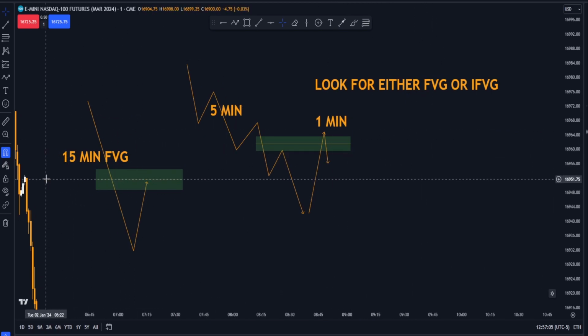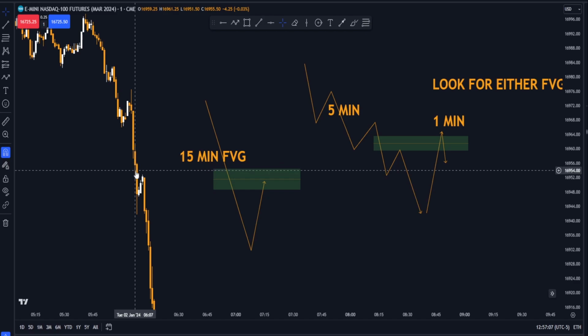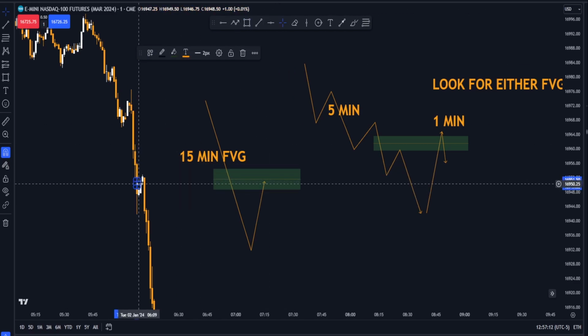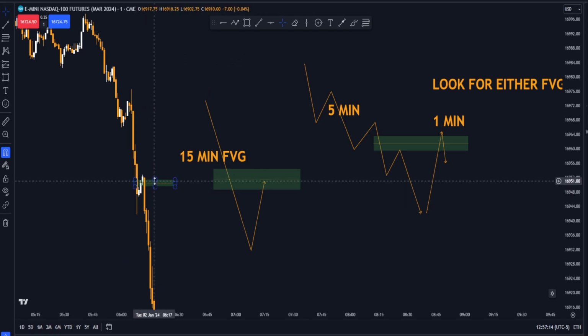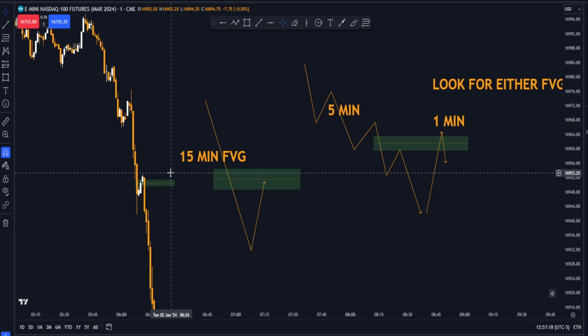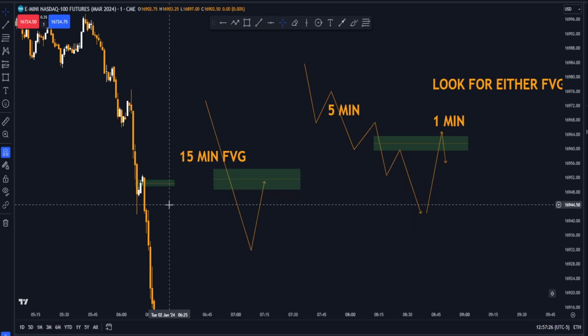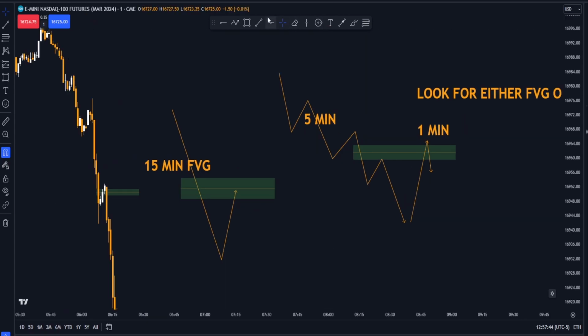An inverse fair value gap is, for example, this fair value gap right here, and it is when the candle closes above a normal fair value gap. So if we have a bearish fair value gap and a bullish candle closes above, it's an inverse fair value gap. You can use that also as a point of interest and a place where you can enter a trade. So we are on the 1-minute chart.